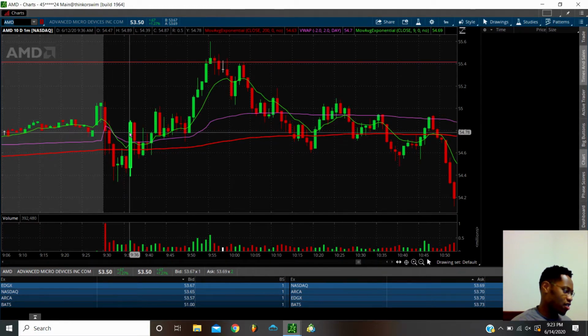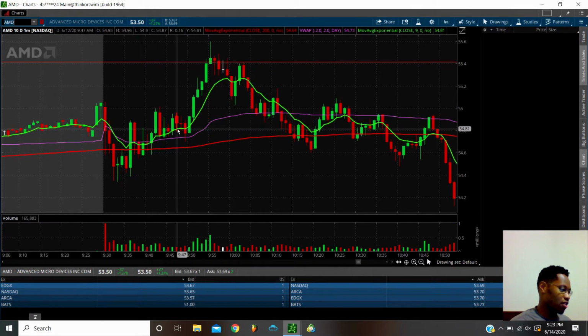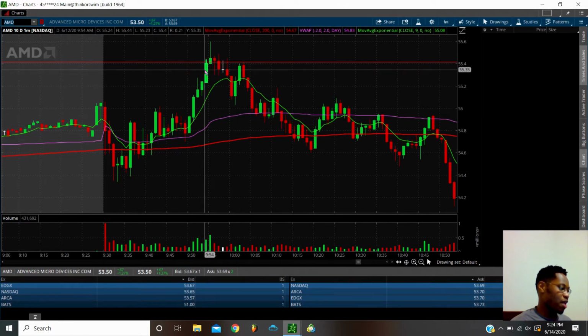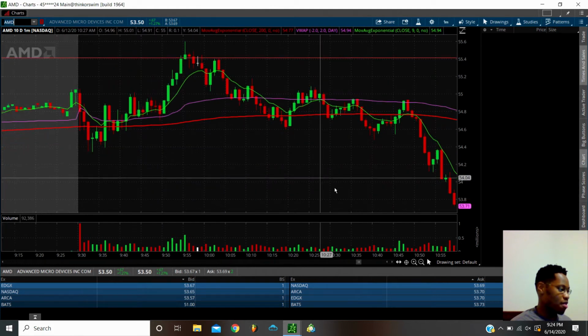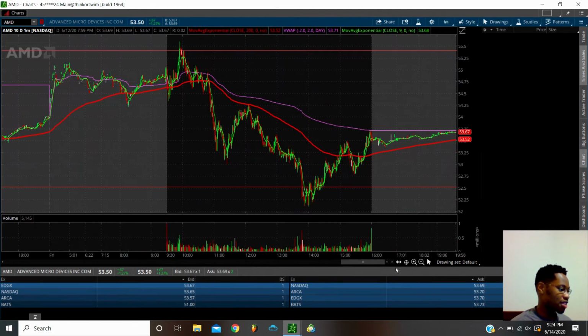This right here threw me out of my trade for a small loss, but getting rid of this noise, it breaks the VWAP here, holds the 9 EMA, and then we have a nice trade up. We also marked off this resistance line, and if I zoom out, I'll show you where it came from.